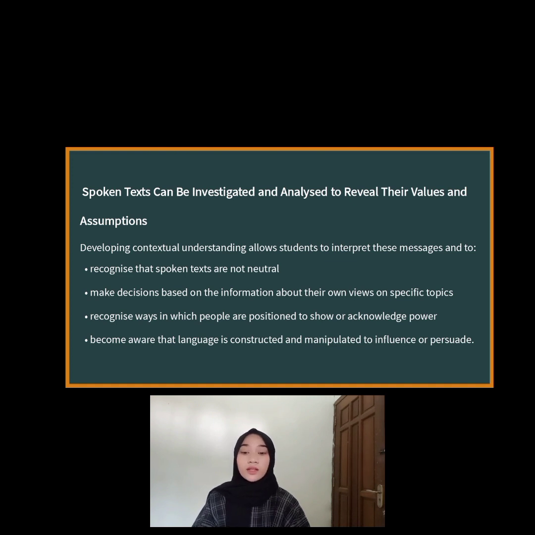Developing contextual understanding allows students to interpret messages and to recognize that spoken texts are not neutral, to make decisions based on information about their own view and a specific topic, and to recognize ways in which people are positioned to show knowledge and power.